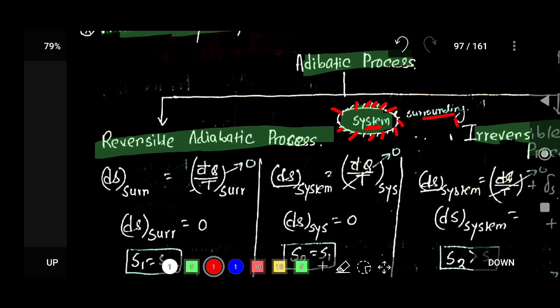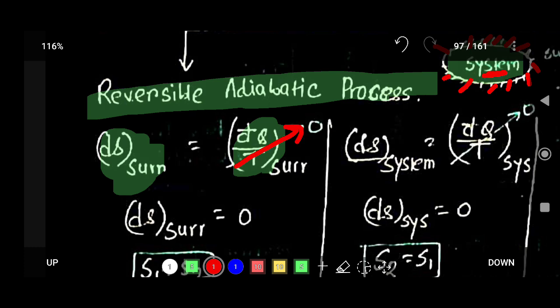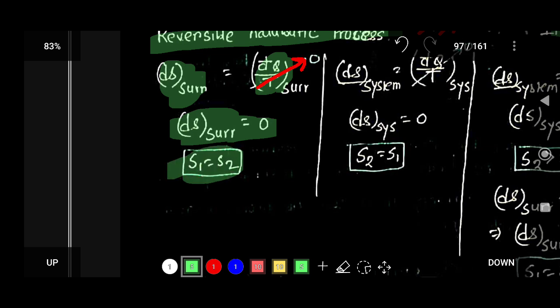If you want to calculate the change in entropy for the surrounding, dS is equal to delQ by T for the surrounding, and as the heat transfer is equal to 0, this term is neglected. So dS surrounding is equal to 0. From here entropy S1 is equal to S2, that is, entropy is constant. So you can say that it is an isentropic process.